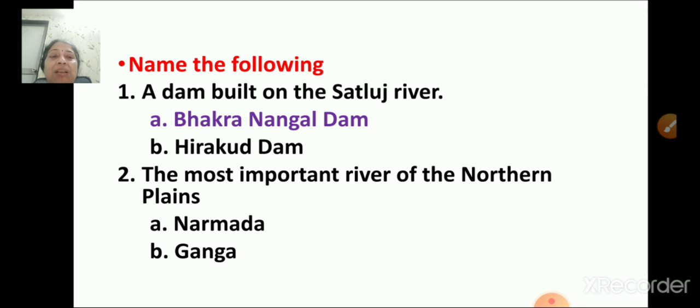Second, the most important river of the northern plains. Options are Narmada, Ganga. So children, what is the correct answer? Yes, Ganga. Ganga is the most important river of the northern plains.